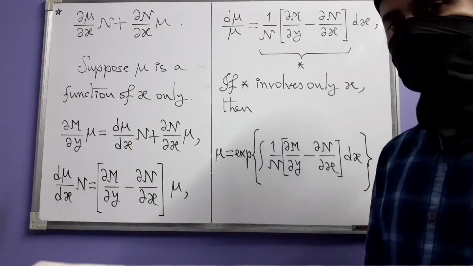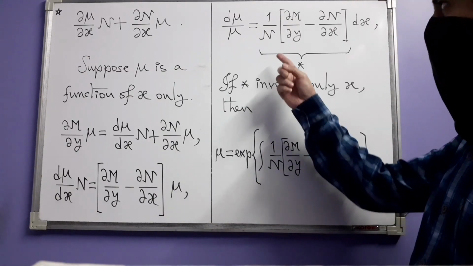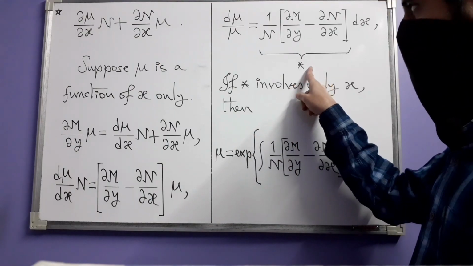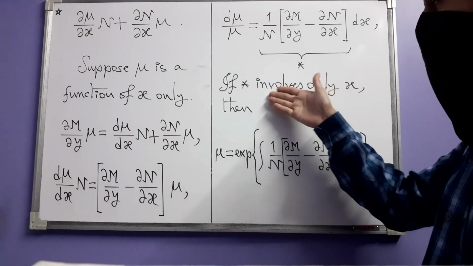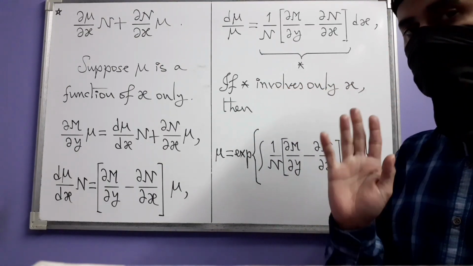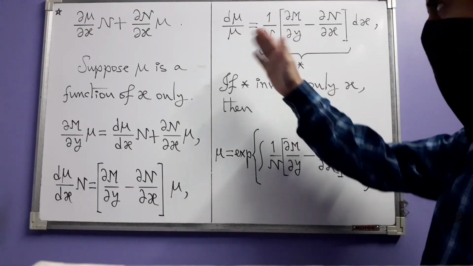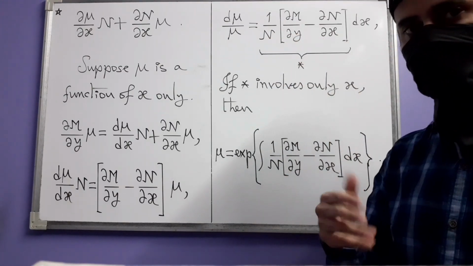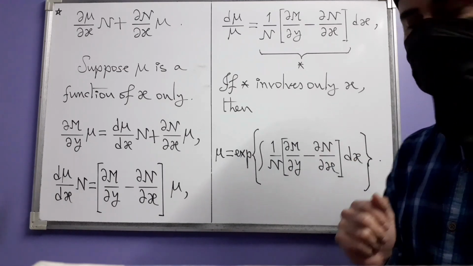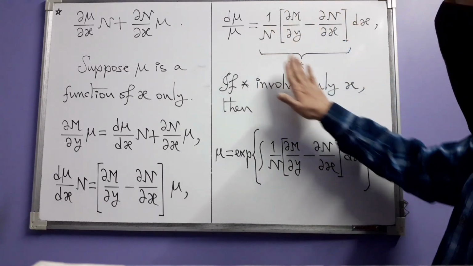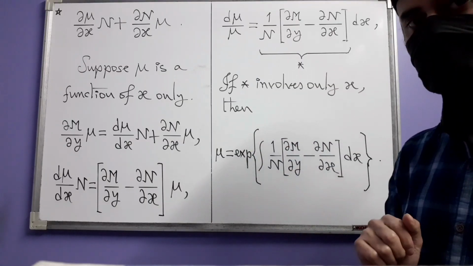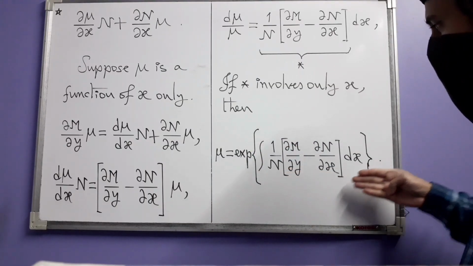And then I give a small name to this part, 1 over n times this difference, let me call it star. And this is the condition: if star involves only x but not y, then we can integrate both sides, because then the right hand side will involve ordinary integration with respect to x of this function, which will then be a function of x only, and that is this integral.